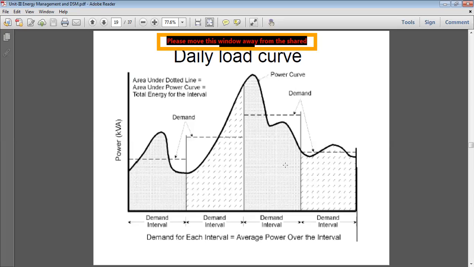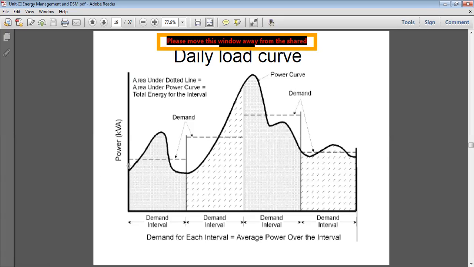Now our objective in energy management, especially for load management or demand side management, is to make the load curve as flat as possible. No doubt it will not be 100% flat, but there are some dips, valleys, and somewhere hills. So we want to reduce this maximum demand and fill this valley.